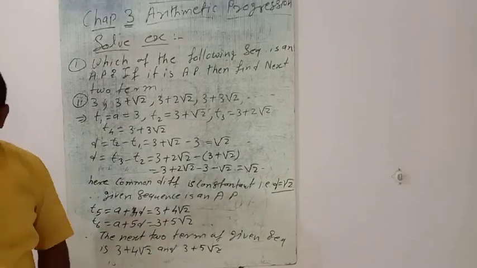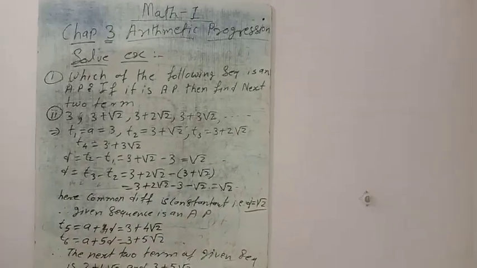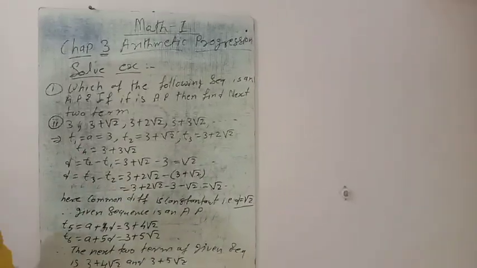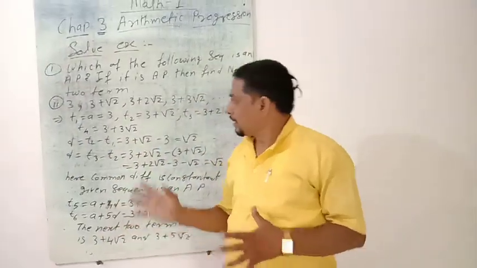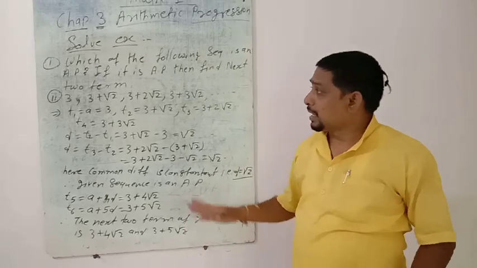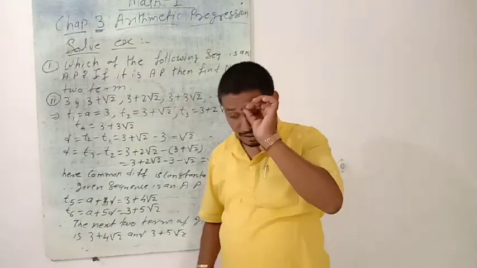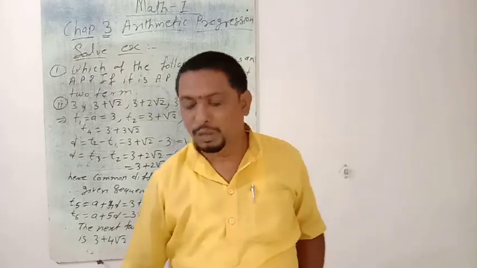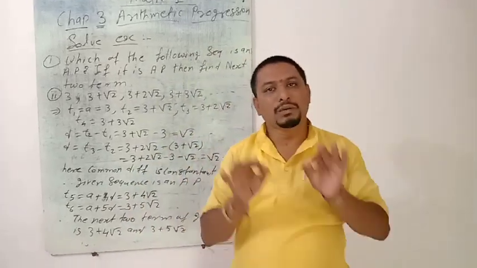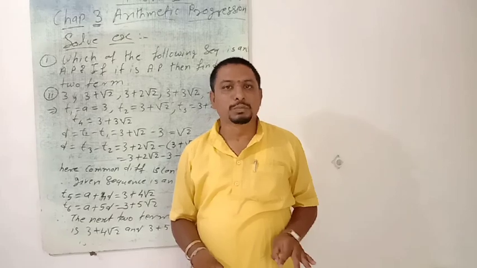Okay, so we have taken two different types of example, and we know that this is a sequence and this is an arithmetic progression. After completing this topic, solve the examples of this type in your textbook.